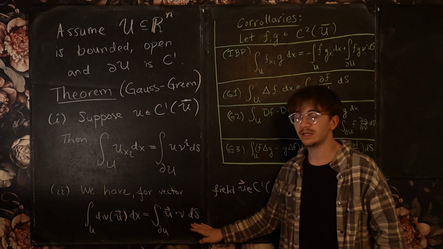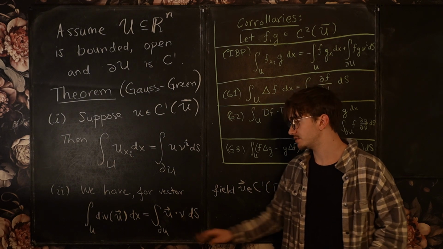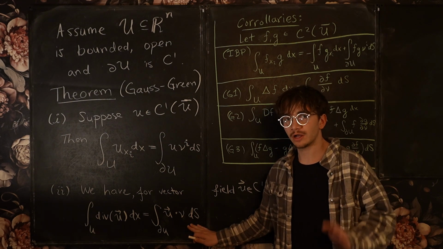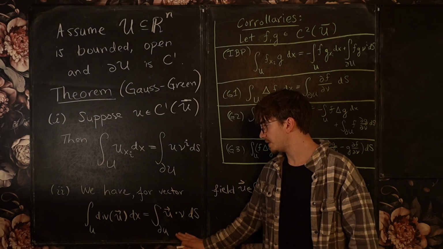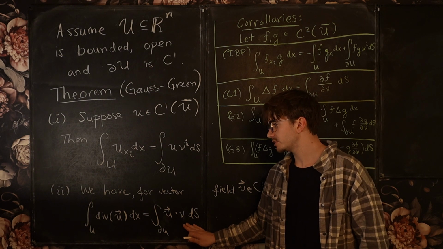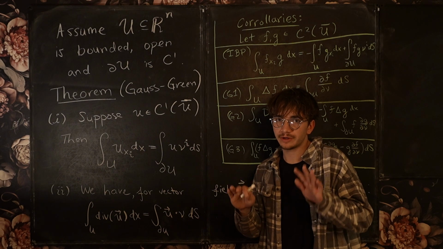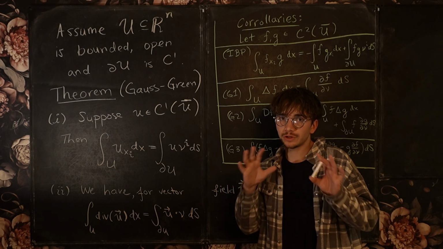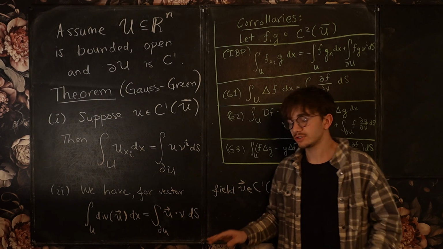So this has immediate consequences in physics and electromagnetism in particular, among other fields. But we can also just think of this mathematically as a statement about the divergence of a vector field and how the internal properties of the divergence of a vector field relate to the net flux outside of our surface.